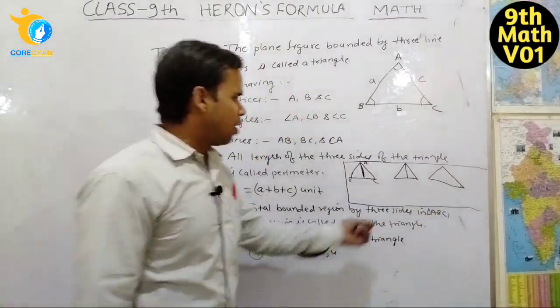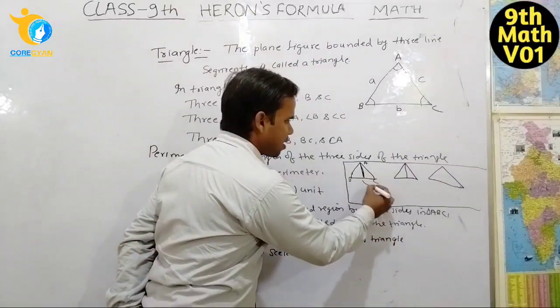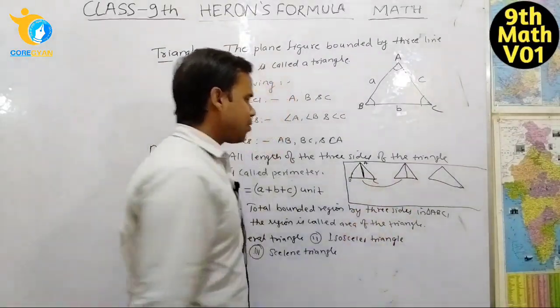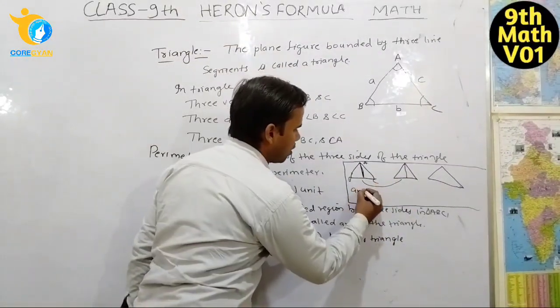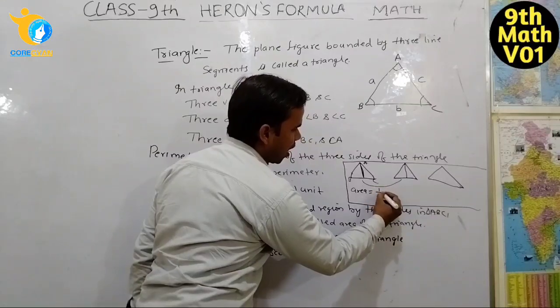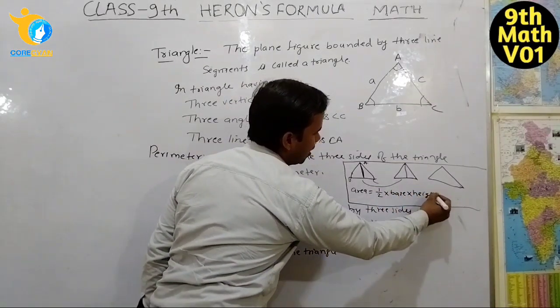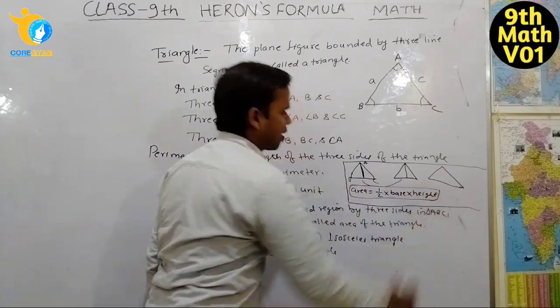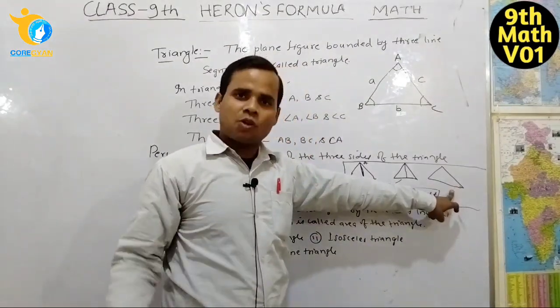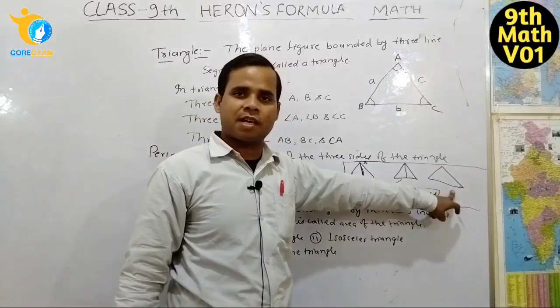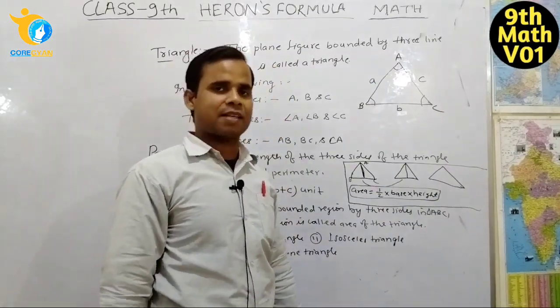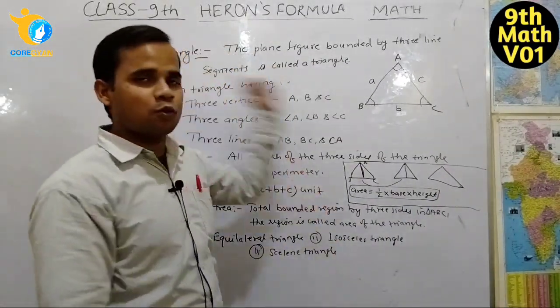The area of the first two triangles is half into base into height. But for a scalene triangle, where the exact height cannot be found, we have to find the area with the help of Heron's formula.